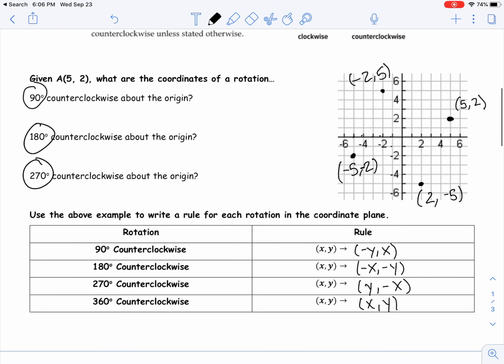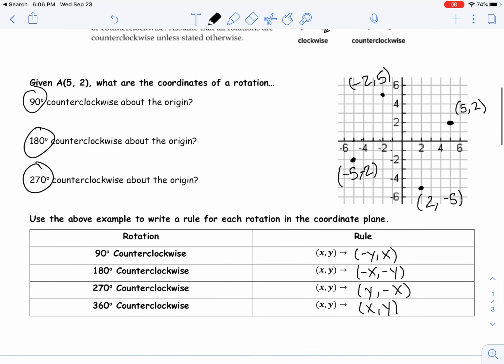But anyway, now we're coming up with some rules for these, and I already have them written out because sometimes they're a little tricky, so I did it beforehand. These are something that you're going to probably memorize because you do so many things with them, but it's not really that tough to memorize. Maybe I should explain it first.